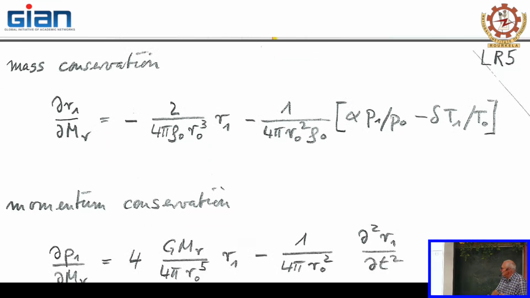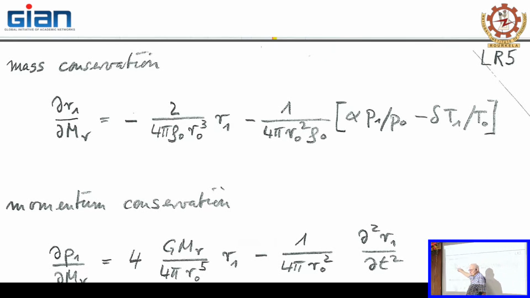Okay, first of all, mass conservation. We are left on the left-hand side with the derivative of the perturbation of the radius. Its dependent quantity is given by minus 2 times perturbation of radius divided by 1 over 4 pi rho r cubed.